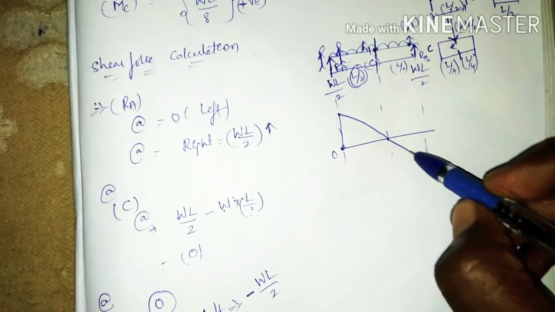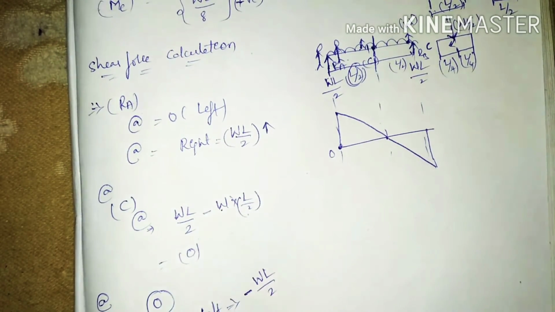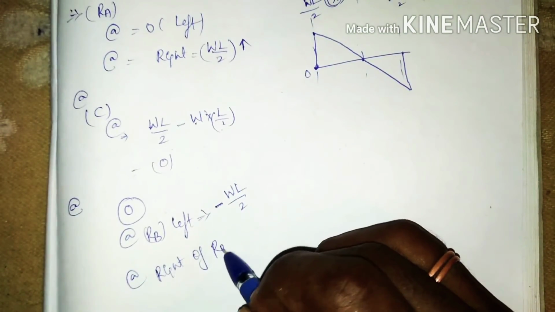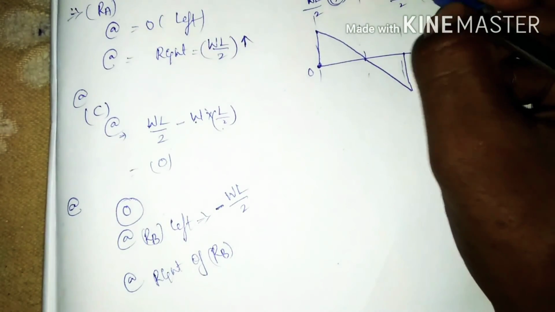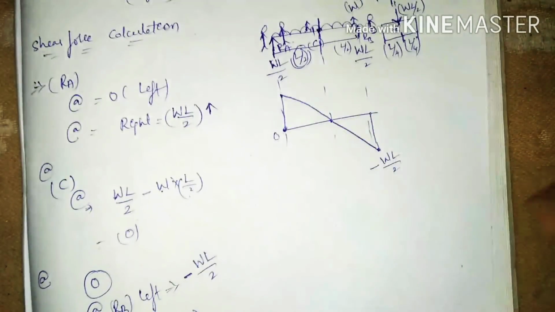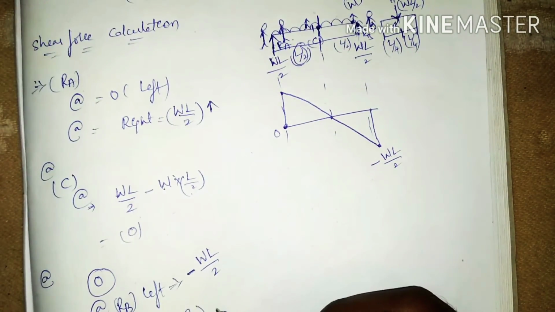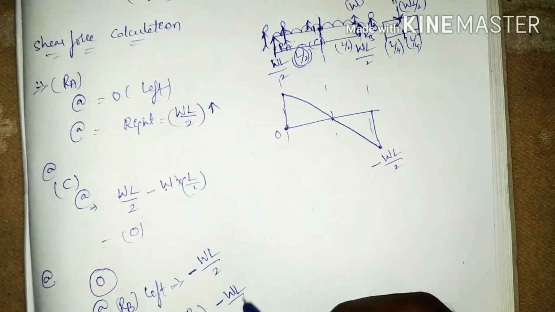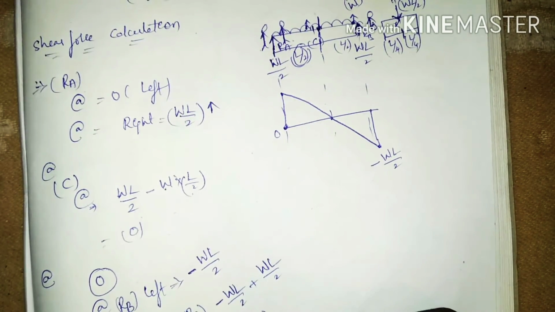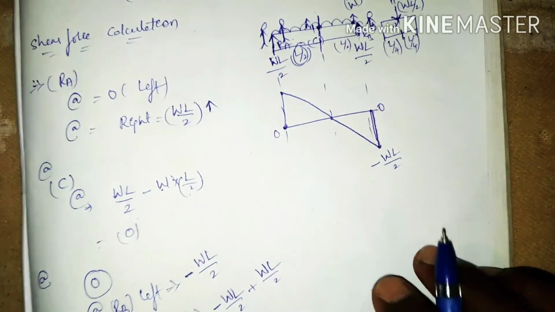It continues as minus WL by 2 up to here, and on the right of RB, at RB I am going to have the upward direction, that is RB in the upward direction, with minus WL by 2 plus WL by 2 equal to 0, and from here it goes to 0, that is the reference line, here it is.